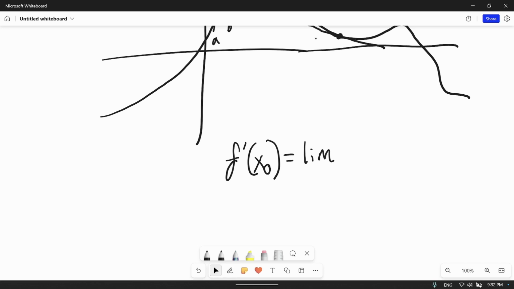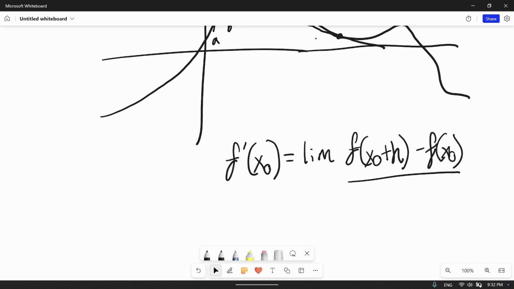So it's going to be a similar notation to the average rate of change. f of x naught plus h minus f of x naught over, well, we know it's going to be x naught plus h minus x naught, and these just cancel out, and it just turns out to be h.